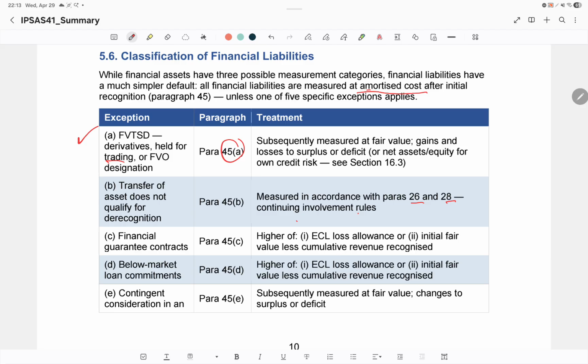Below market loan commitments: higher of ECL. So this is how you treat it. Contingent consideration: at fair value, with changes to surplus or deficit. Okay.